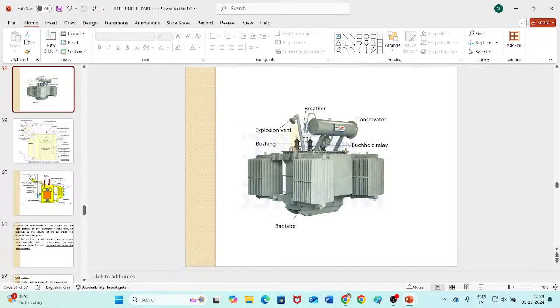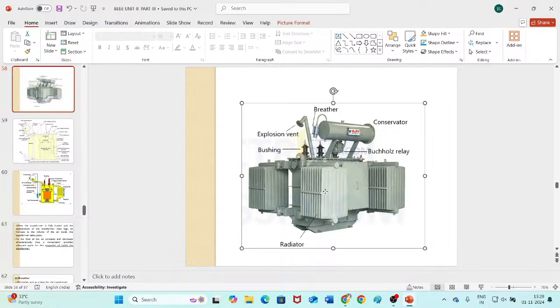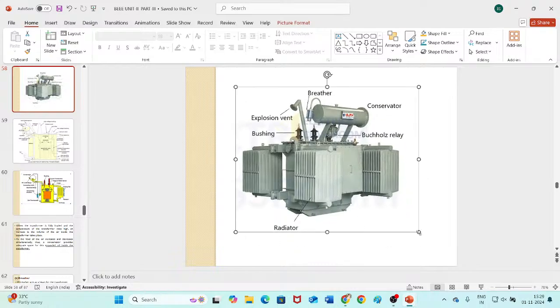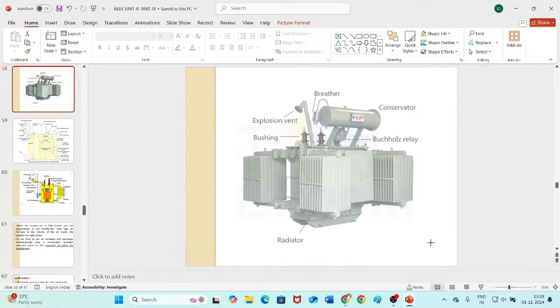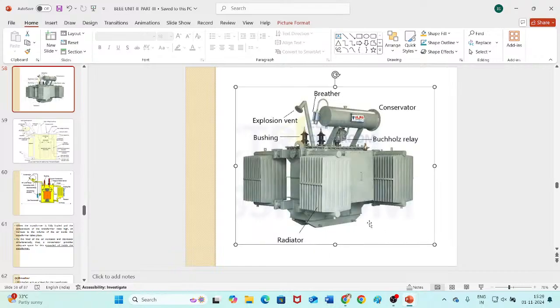When the temperature increases in the transformer drastically, the oil level will increase and excess pressure will be created within the transformer. So there are chances for the transformer to explode. In order to release that pressure, these explosion vents will release it. So the purpose of the explosion vents is to release the pressure that is developed within the transformer whenever the oil level increases.